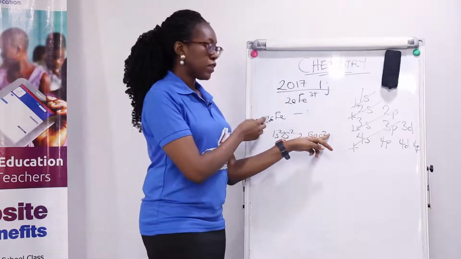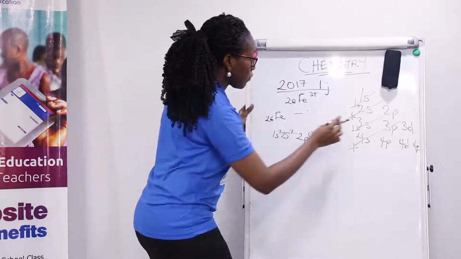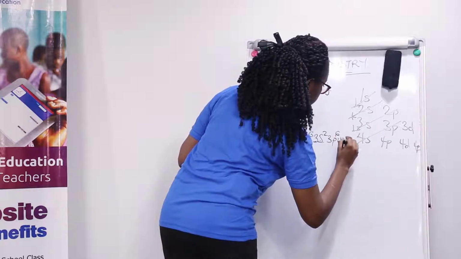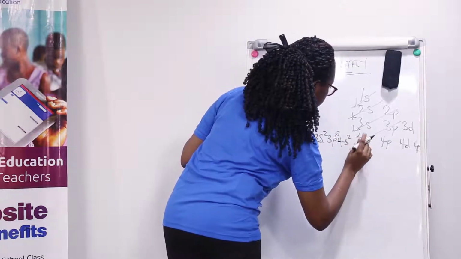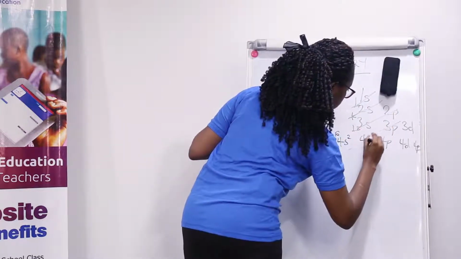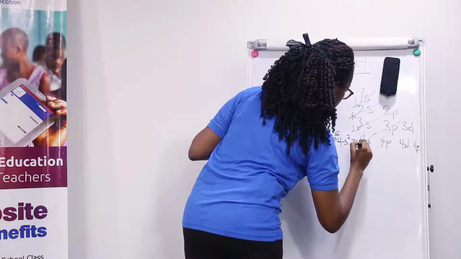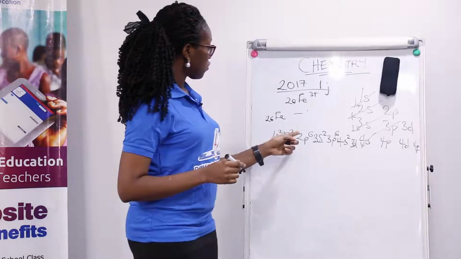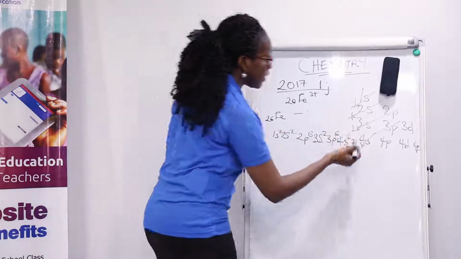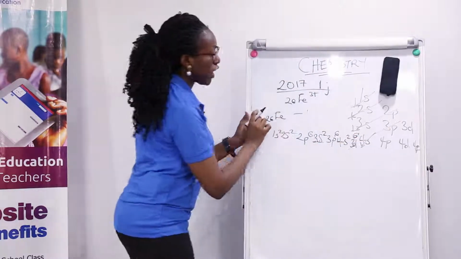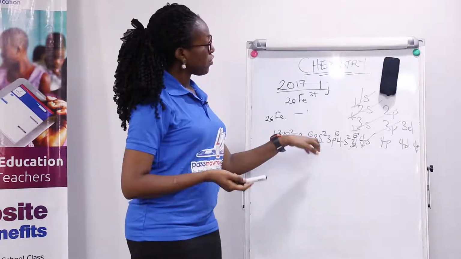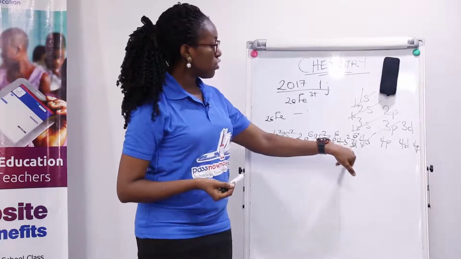We still have 14 more to go. Here we have 2 plus 2, 4, 10, 12, 18, 20. So 3d always takes 6. So the electron configuration for iron is 1s2, 2s2, 2p6, 3s2, 3p6, 4s2, 3d6.